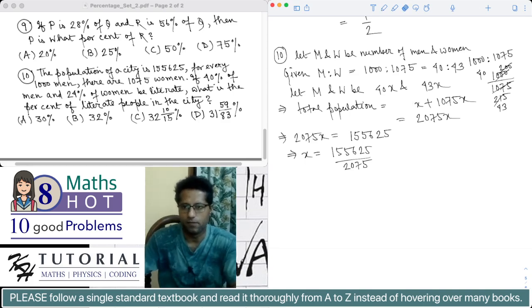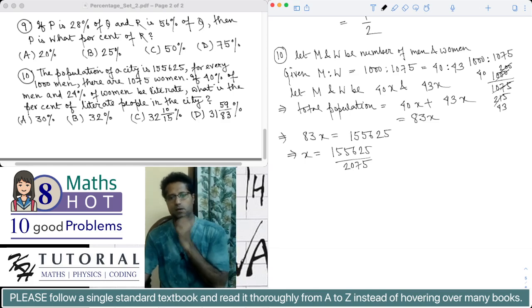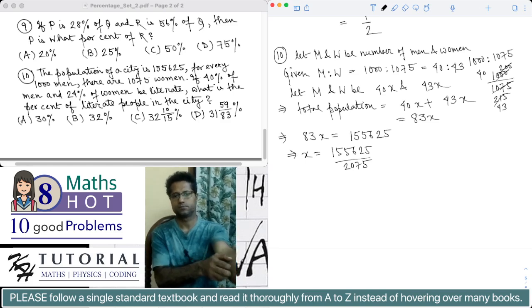Then the total population in terms of x will be 40x plus 43x, which is equal to 83x. So we will have 83x equal to the total population, 155,625.